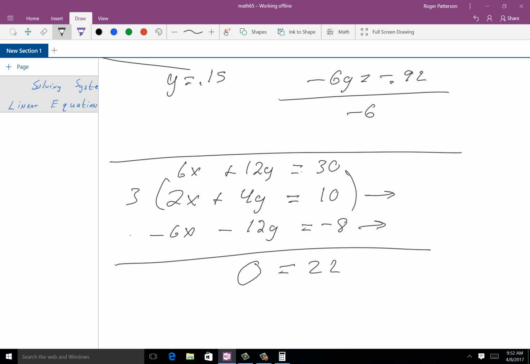So, we're going to solve for y. So that means we got to move what? The x. So that's a negative 2x plus 10. I got to divide by 4. Okay, so there's one of my solve for y's.